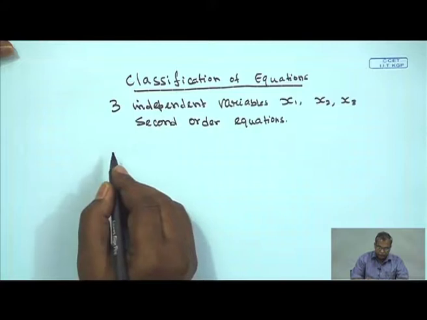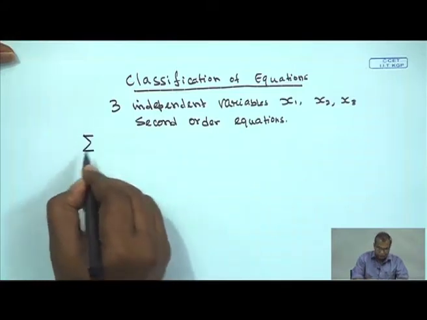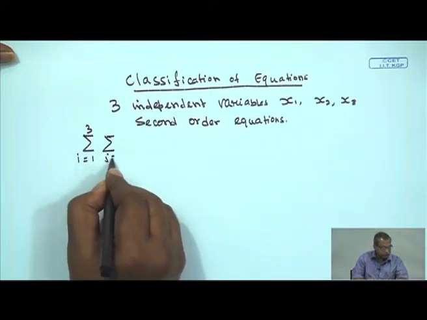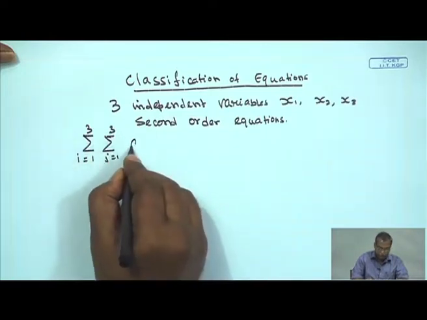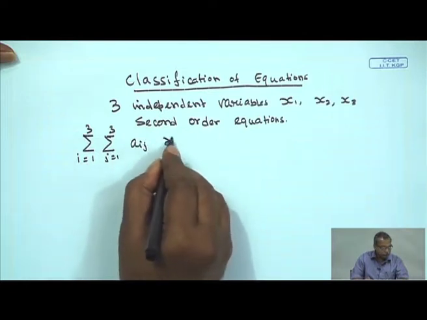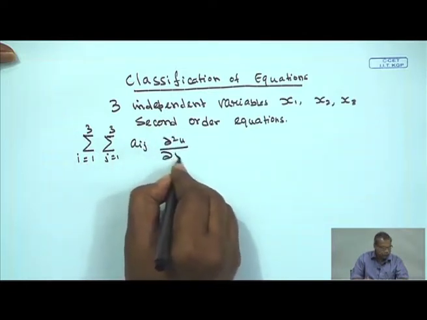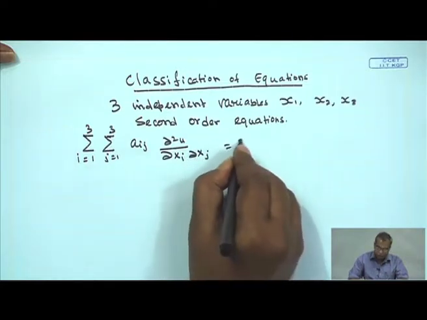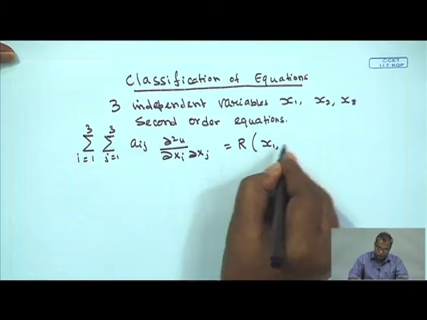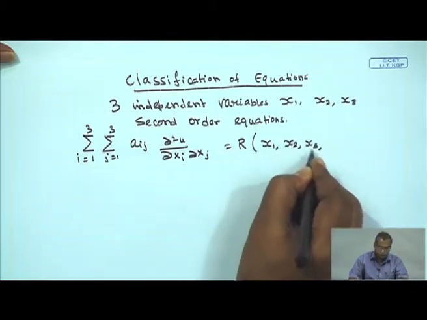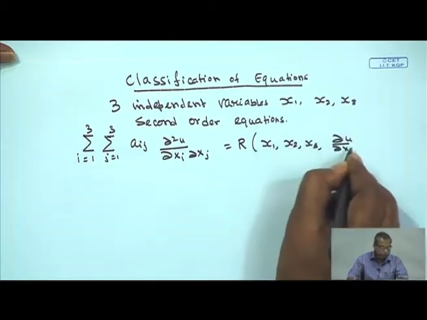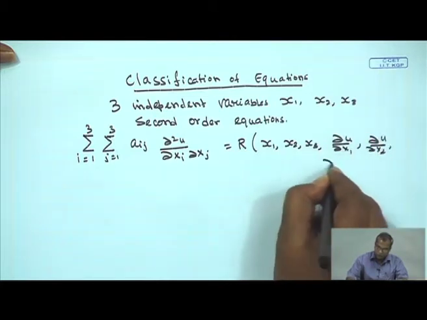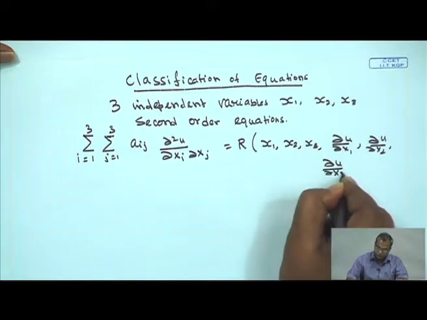So, that can be written in general as summation of i is equal to 1 to 3, summation of j is equal to 1 to 3, a_ij del square u del xi del xj is equal to r, a function of x1, x2, x3, u, del u del x1, del u del x2, del u del x3 in general.